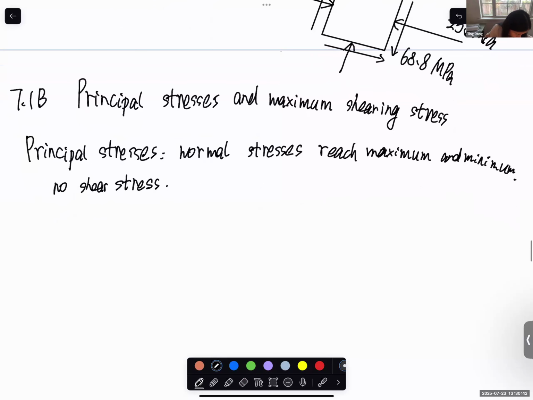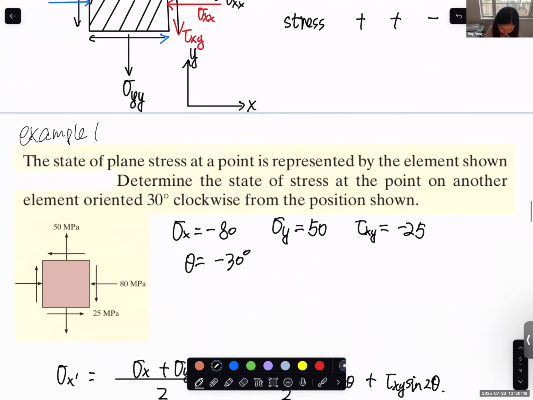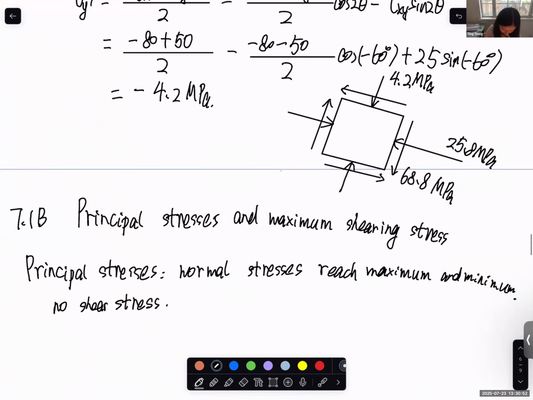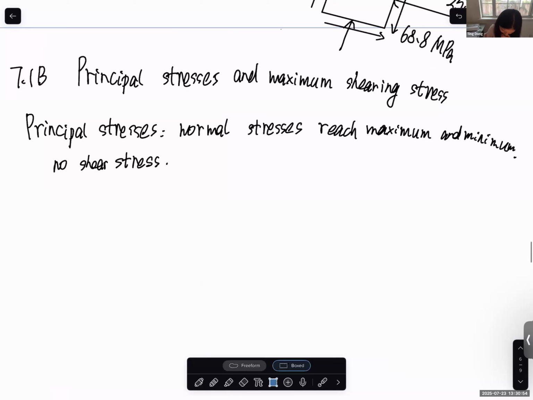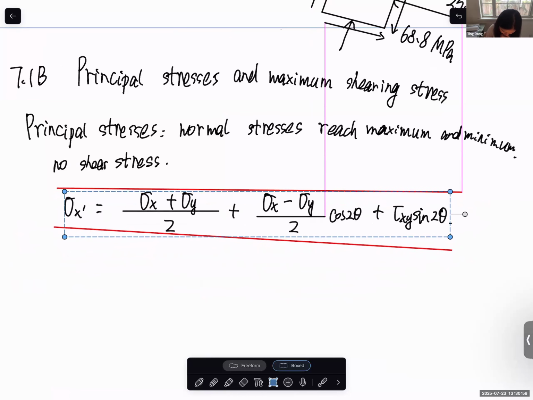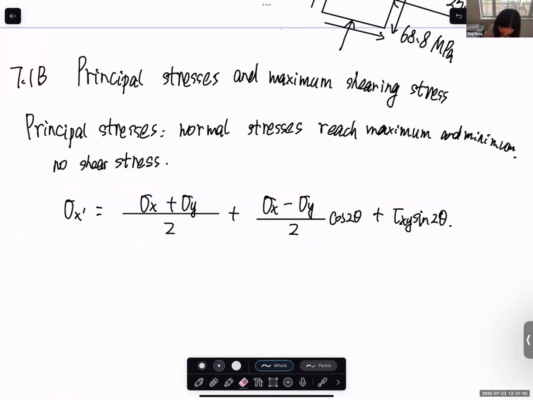And mathematically, we just take the derivative. Let's just copy and paste to save some time. Okay, yeah, it's this equation we derived.